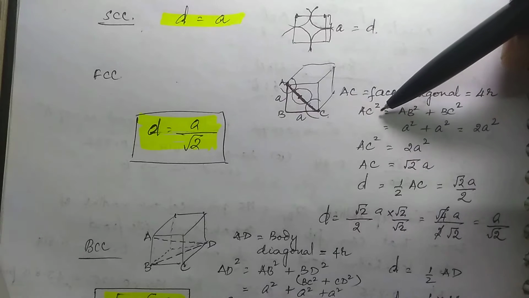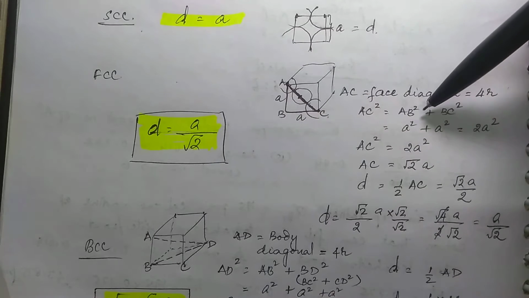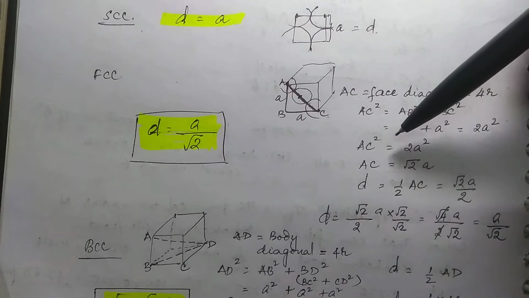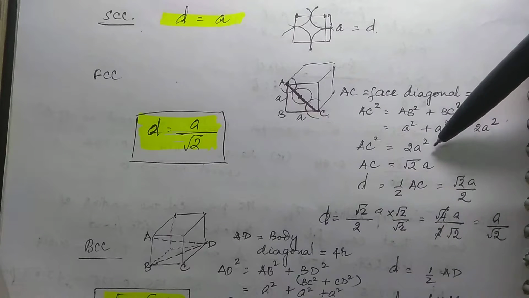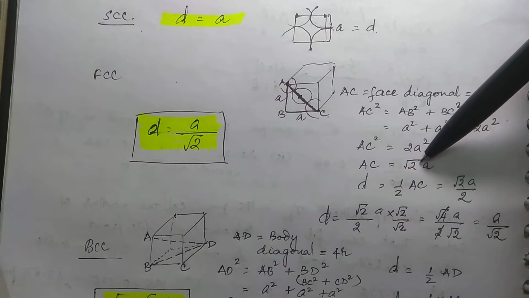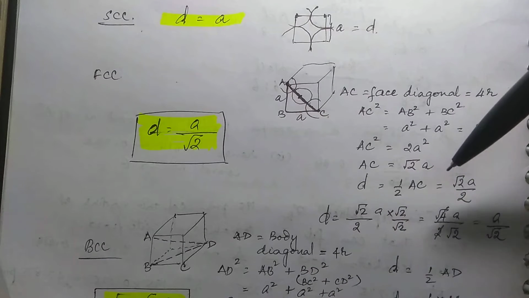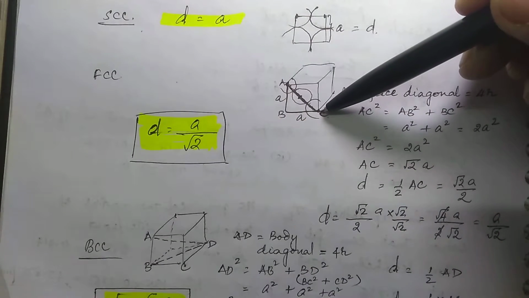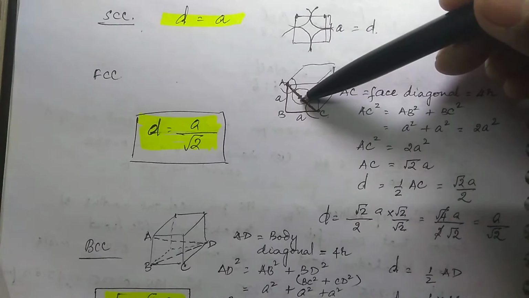And according to Pythagoras theorem, AC square is equal to AB square plus BC square. All these things we have already done. So your AC square will be 2A square. So AC will be root 2 A. Right. Now this is your AC, and nearest neighbor distance is what? Half of it.